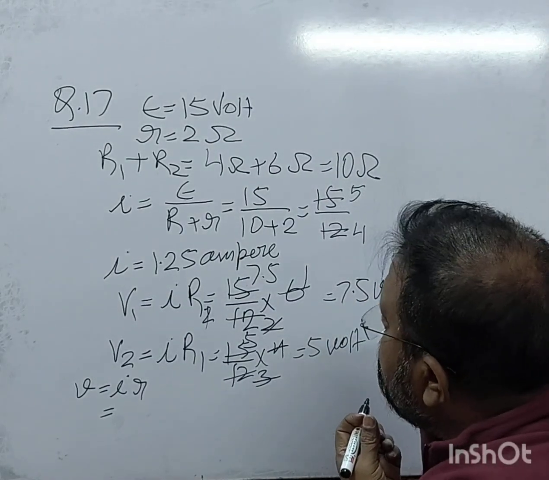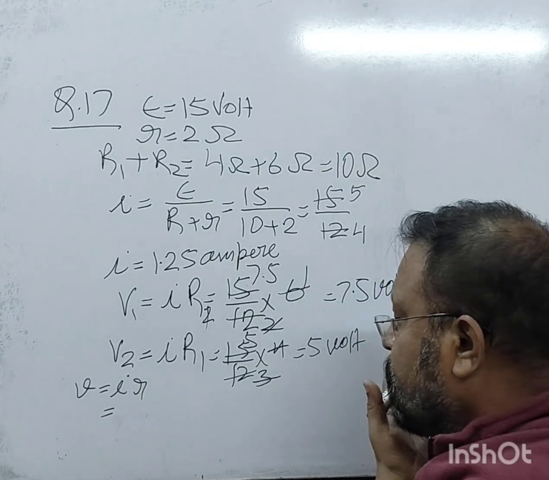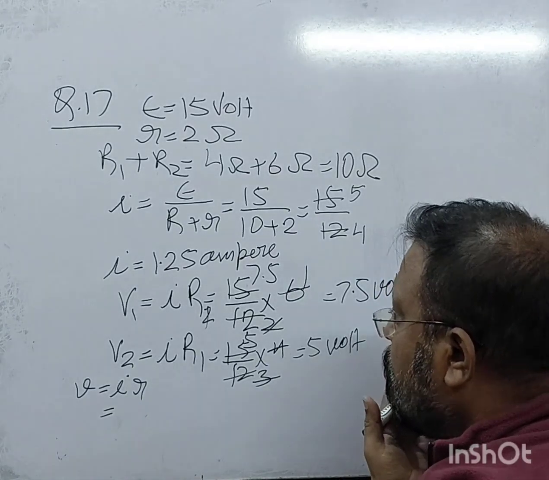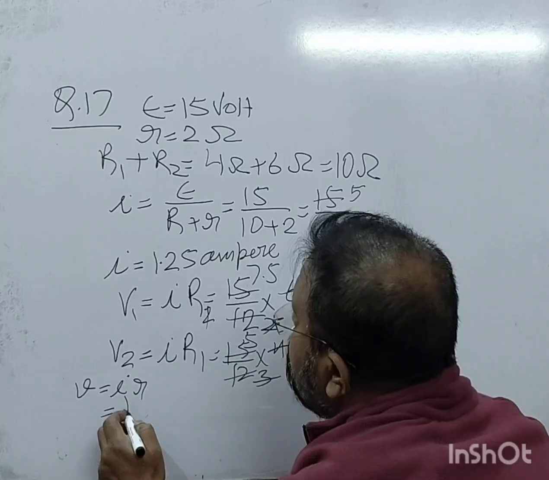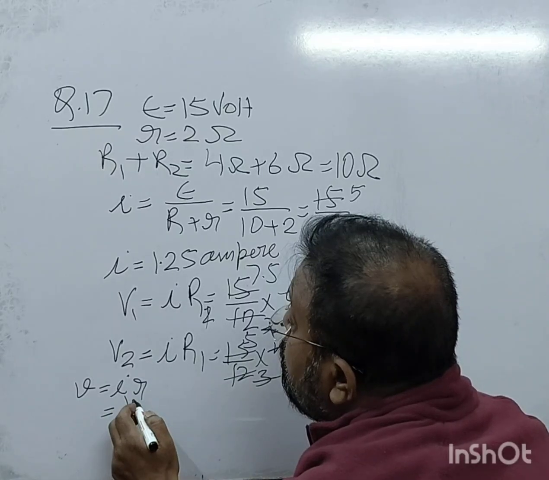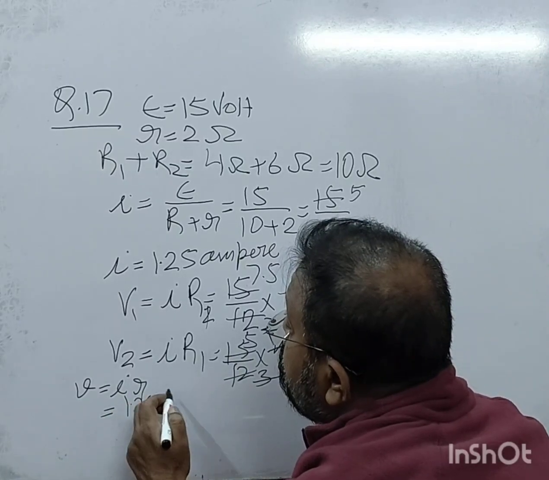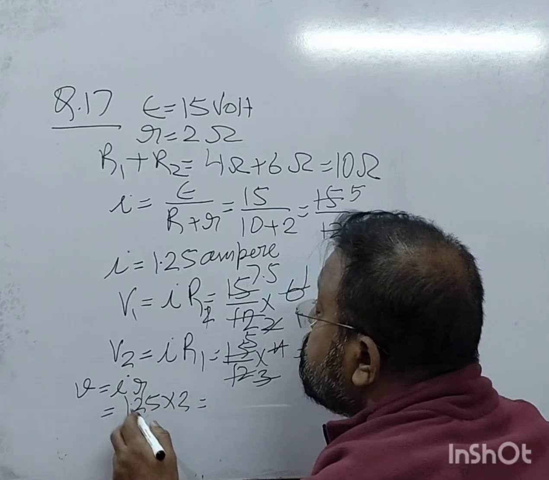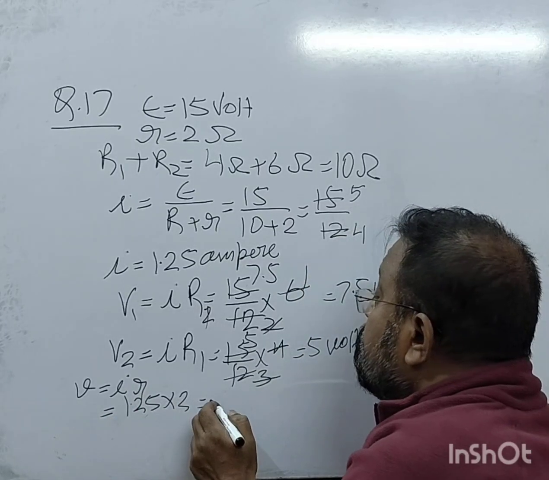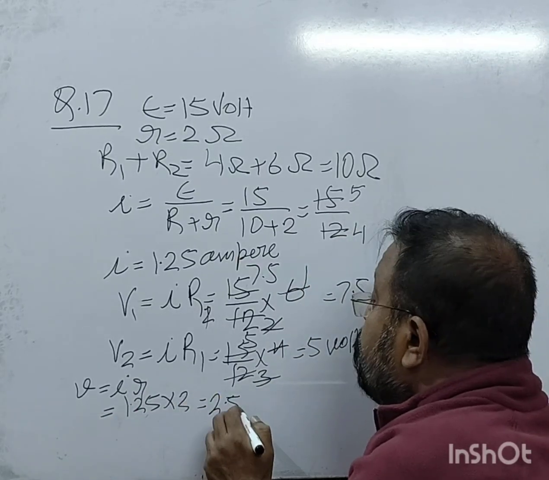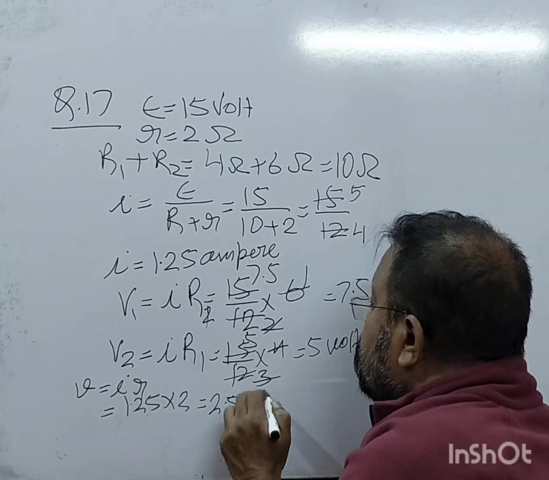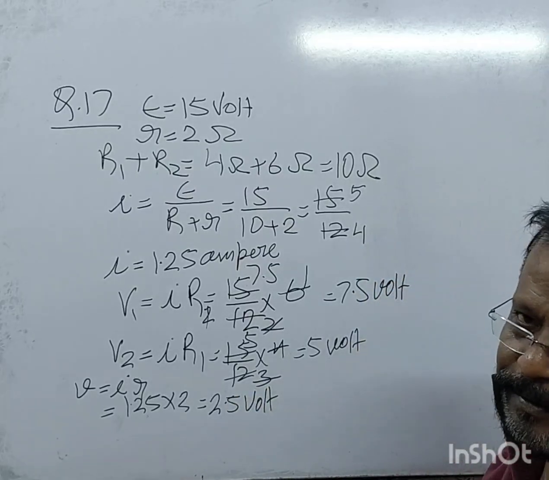Current flowing is 1.25 into 2. It is how much? 2.5 volt, right?